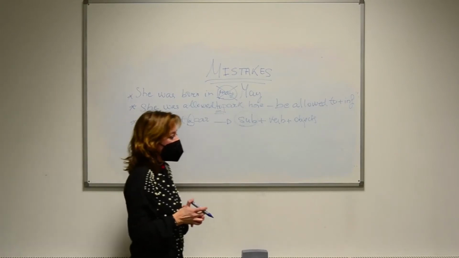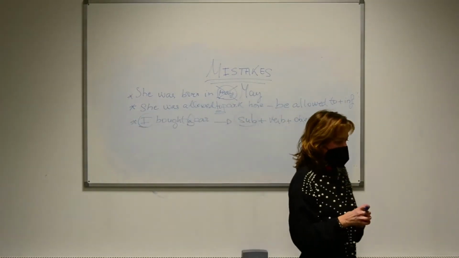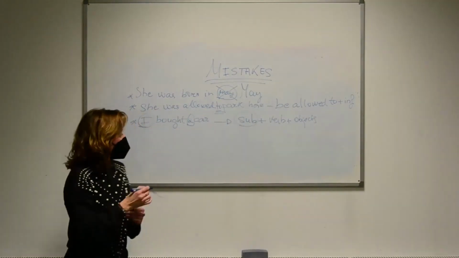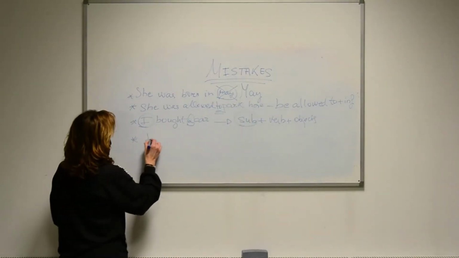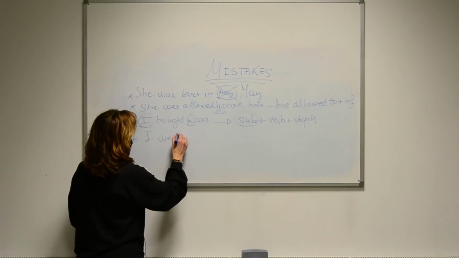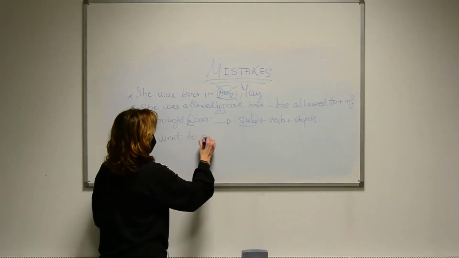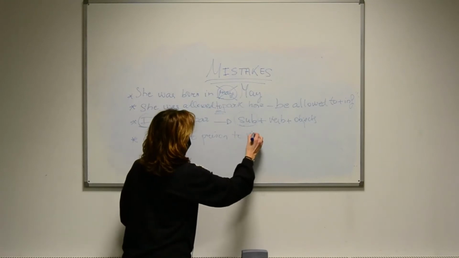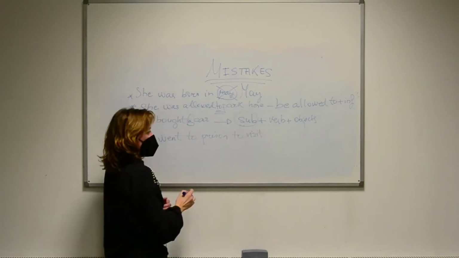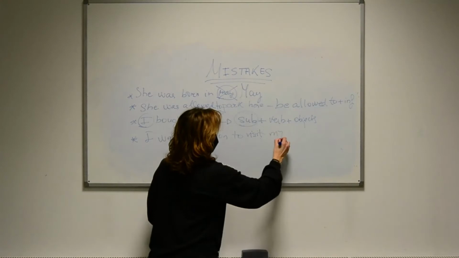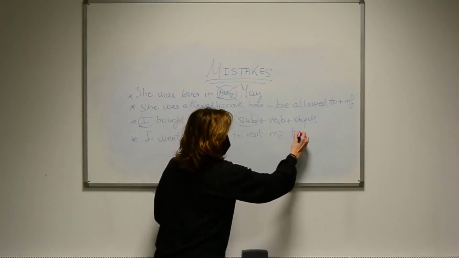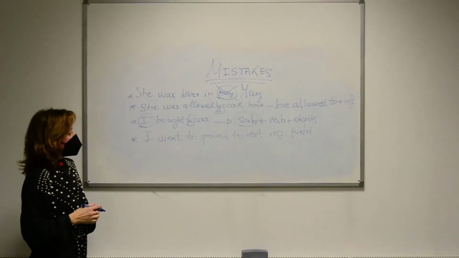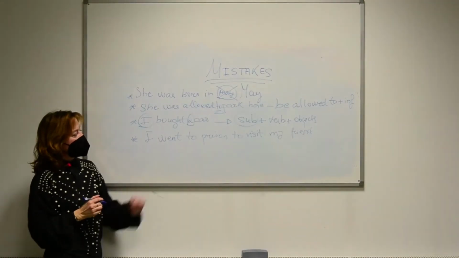More mistakes. For example, the use of the definite article. If we say, I went to prison to visit my friend. In this case, the definite article is not found.